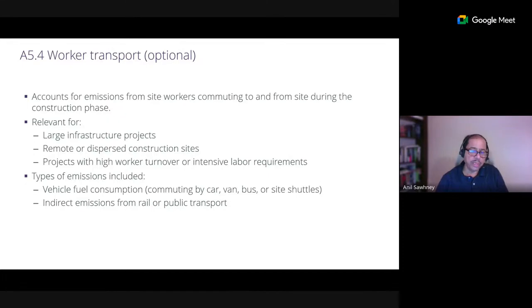It's relevant for large infrastructure projects, remote or dispersed construction sites, and those specific situations where you have those emissions related specifically to construction worker transport. I haven't come across large projects where this is calculated and reported, so that's why it's considered optional.